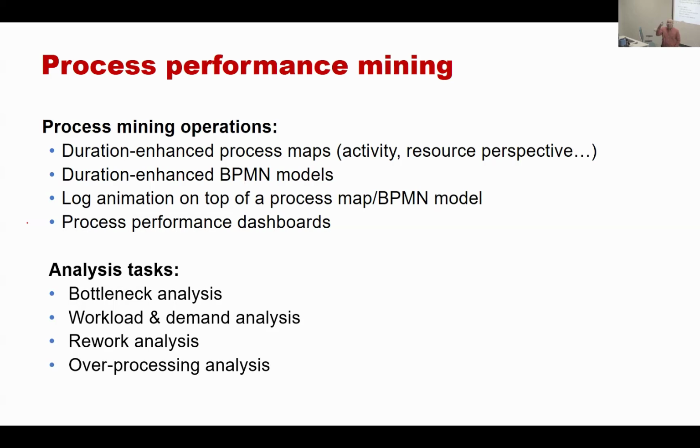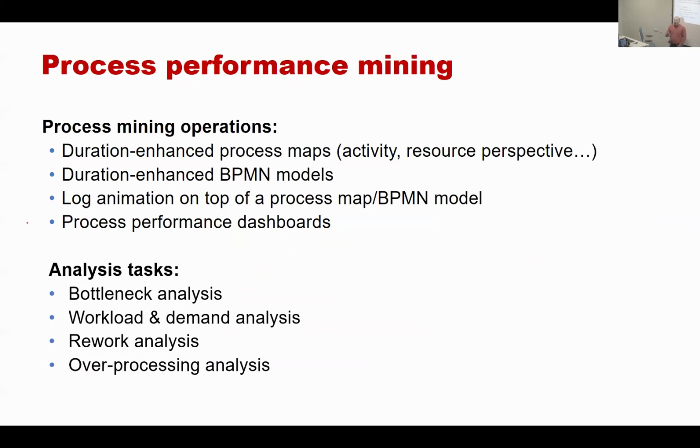Bottleneck analysis, where we focus on finding bottlenecks in the process. Workload and demand analysis, where we focus on understanding how busy we are. Rework analysis, where our focus is on finding how much time we are spending redoing things and why we are doing that. And over-processing analysis, where we are trying to find activities that we are executing and that we shouldn't be executing.